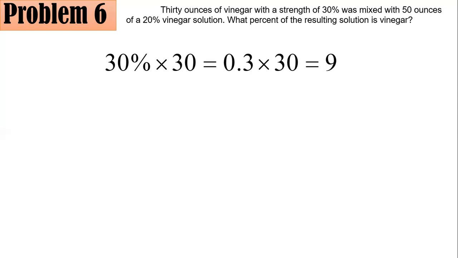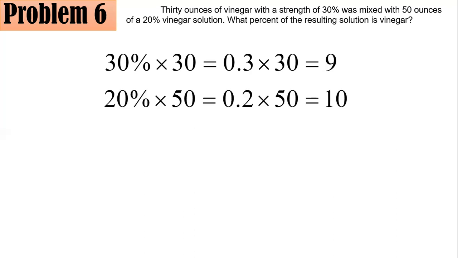For the second solution, 20% of the 50 ounces is vinegar, and thus 0.2 times 50 gives us 10. This tells us that 10 ounces of the 50 ounces of solution are in fact vinegar.